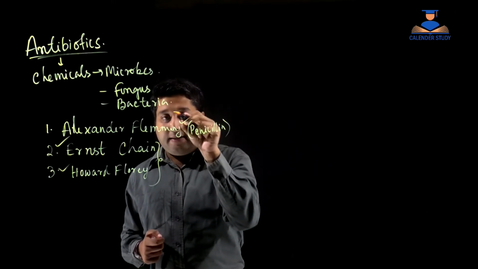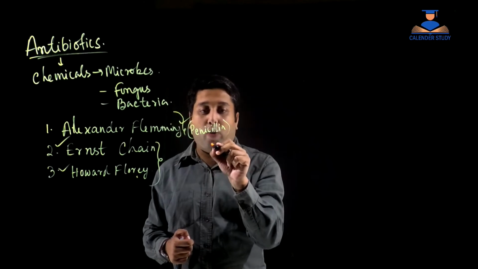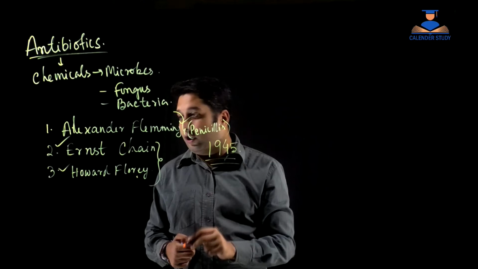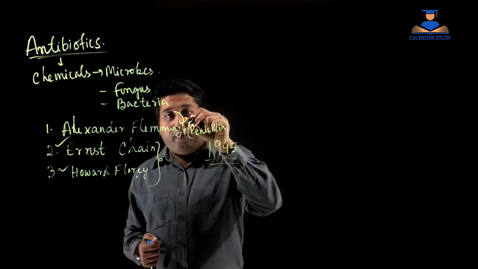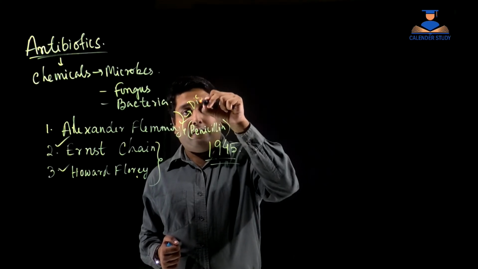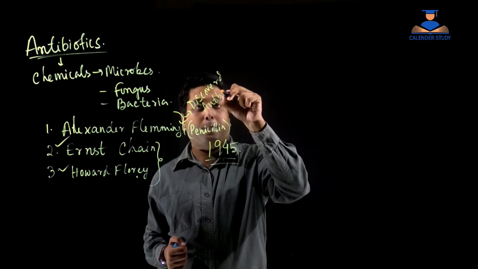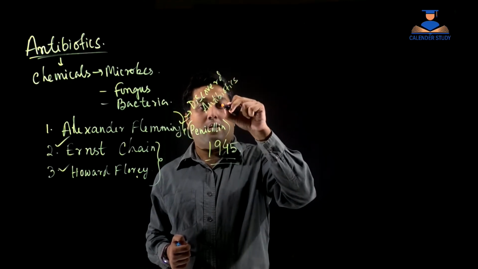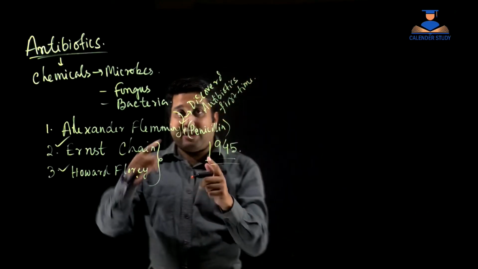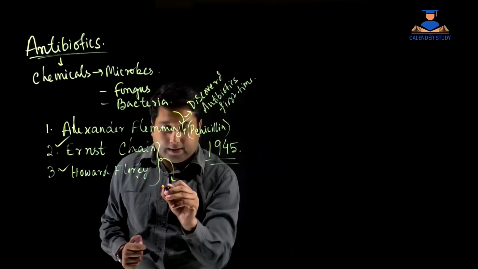For this, Alexander Fleming, along with Ernest Chain and Howard Florey, received the Nobel Prize in the year 1945 for their discovery. So we can see Alexander Fleming discovered antibiotics for the first time, and the mechanism of action of the antibiotics was established by these two scientists.